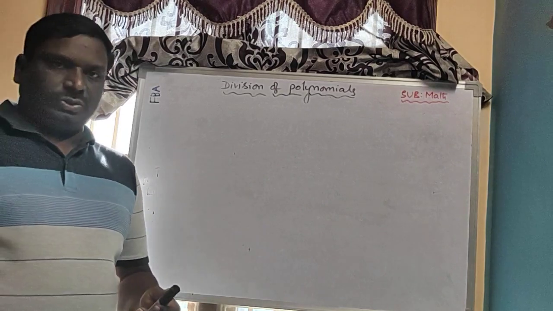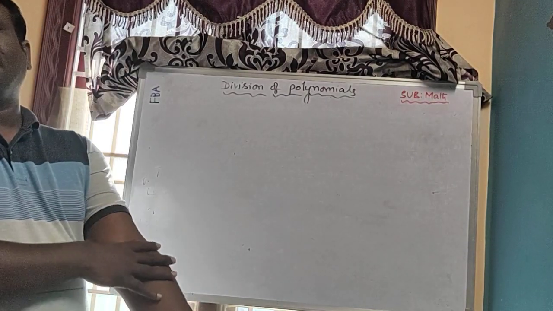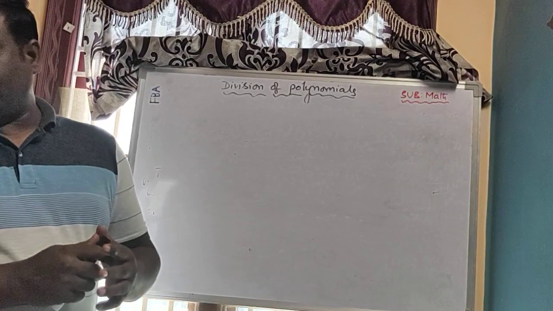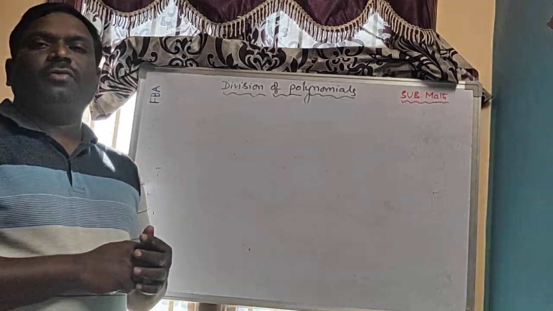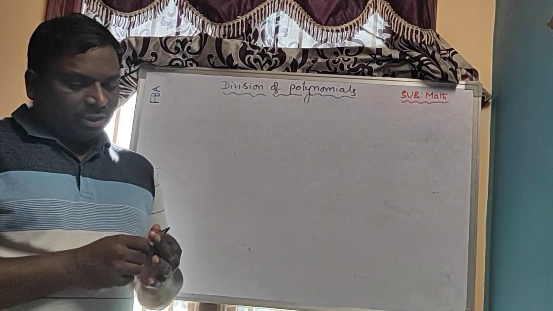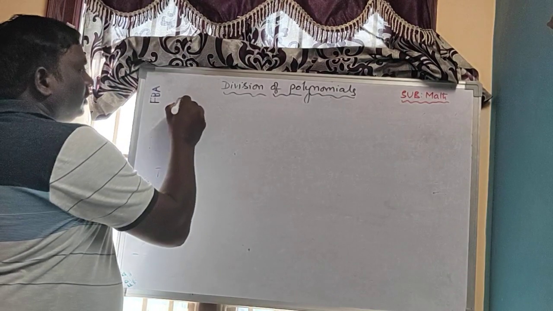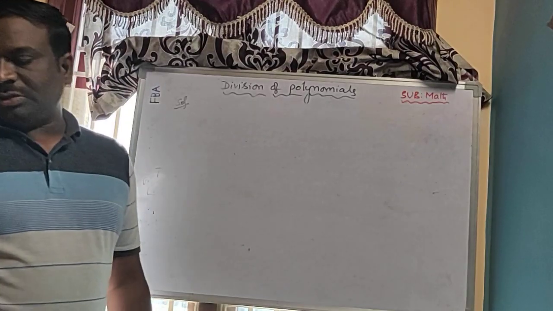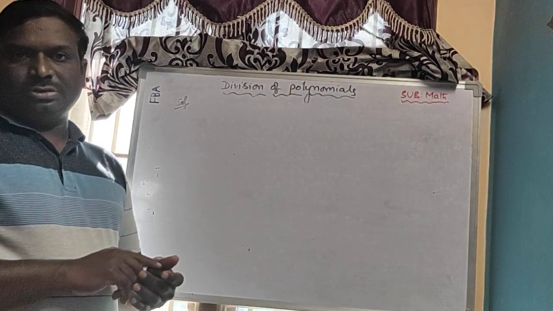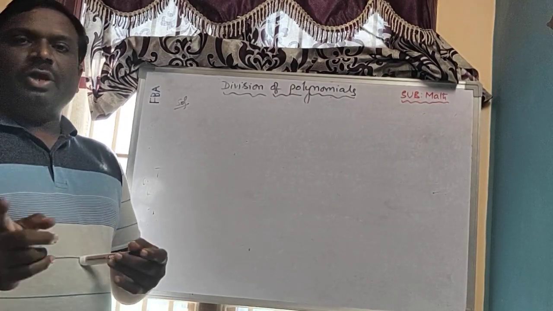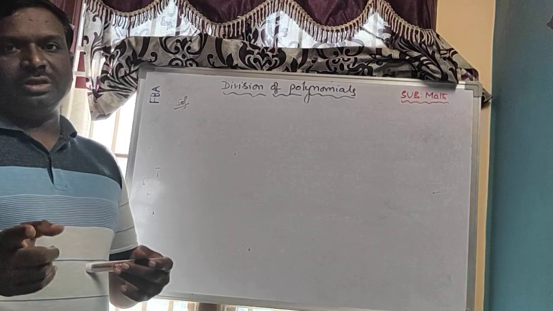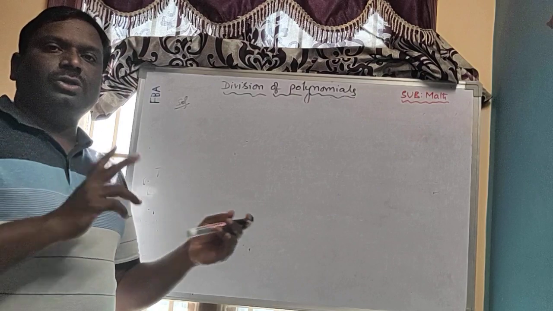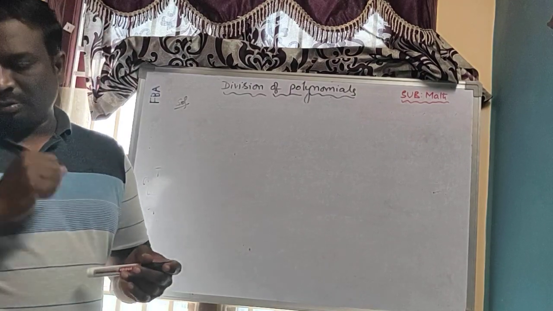obtaining all other zeros of a biquadratic polynomial when two zeros are root of 5 by 3 and minus root of 5 by 3. Given the polynomial, we have to find the remaining zeros. A biquadratic polynomial has a total of 4 zeros; 2 zeros they give, so the remaining are 2 zeros.